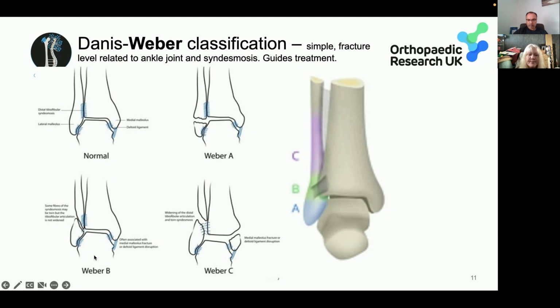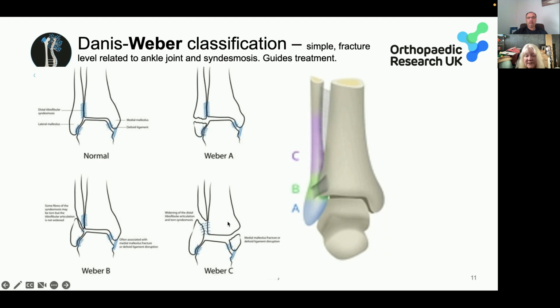If we go with a B, these are the borderline ones because sometimes they disrupt the syndesmosis and sometimes they don't. So we have to make a judgment call based on clinical findings and other radiological findings, and we will have a look at some of those. The question is whether the integrity of the syndesmosis is intact, thereby stabilizing the tibia and fibula, and whether the deltoid ligament is intact as well. So these are the ones that you need to look at closely.